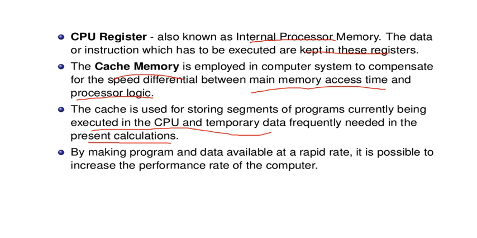The data which is required in the present calculation and the segment of the program that is to be executed by the CPU at a particular time is stored in this cache memory. So by making program and data available at a rapid rate, it is possible to increase the performance of the computer. So these things we have discussed already in our previous slides.